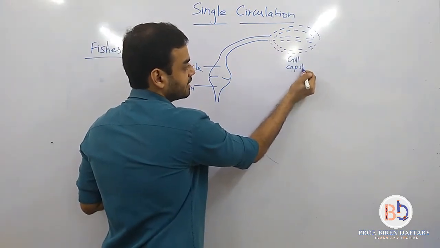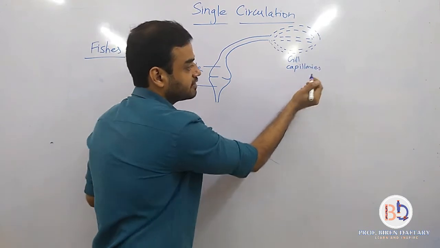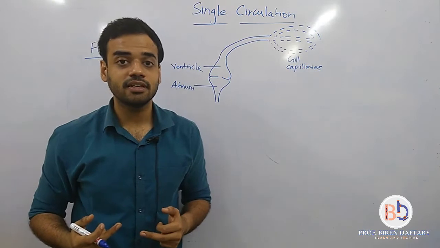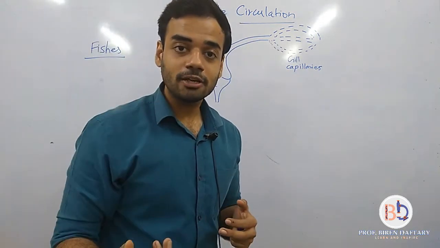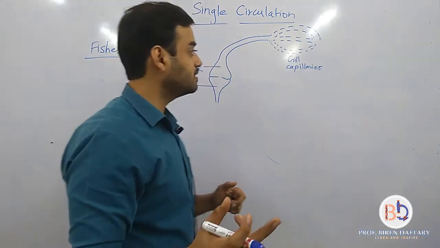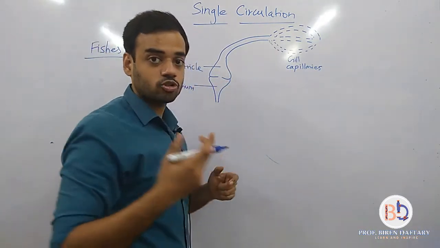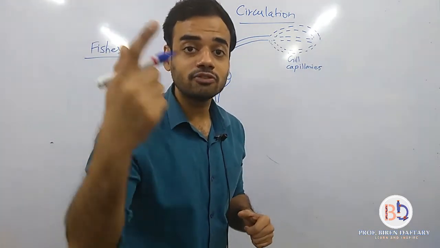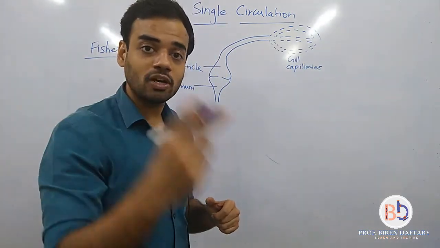Everybody knows that gills are present in fishes. What is the function of gills? So oxygen exchange takes place. As in human beings, alveoli are present, similarly, in the case of fishes, gills are present. So what happens? Gas exchange takes place, so oxygen diffuses into the gills.